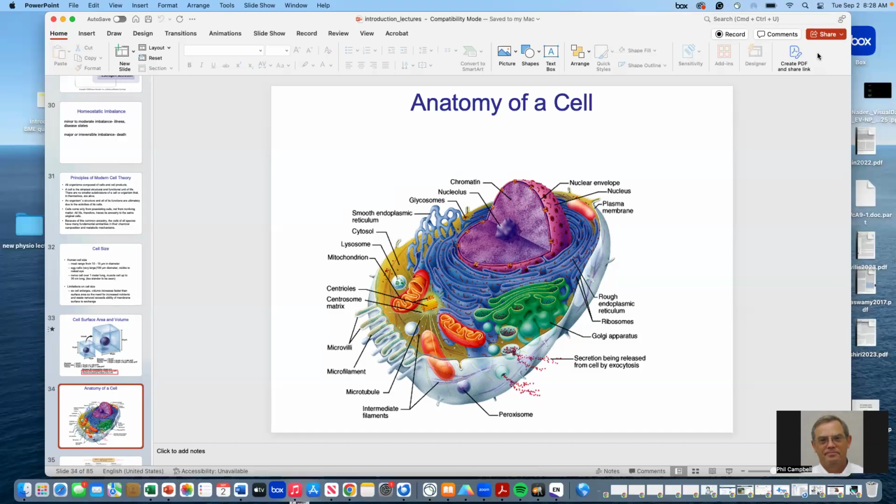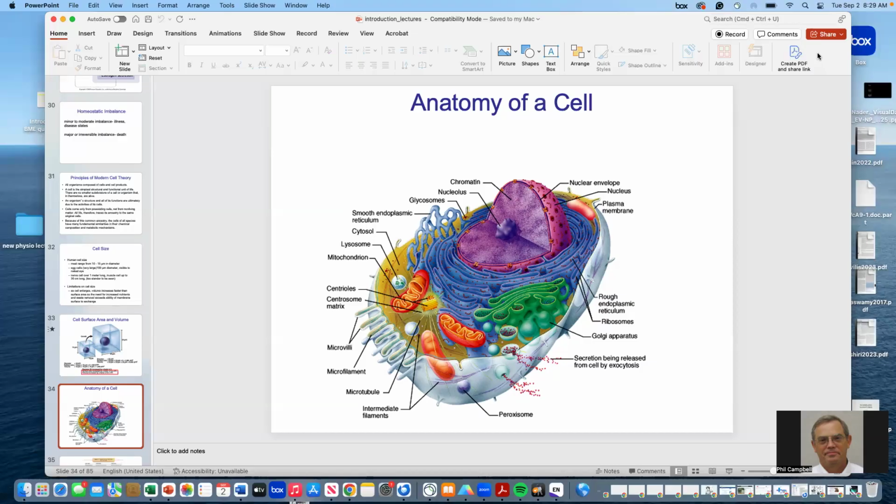So in order for any transport to occur, it has to cross that plasma membrane, either going in or going out. We will spend a fair amount of time talking about that membrane, but right now let's focus on some other parts. In the center of this cell, more or less, you see that purple-looking thing. That's a nucleus. This contains the DNA of the cell for the most part.